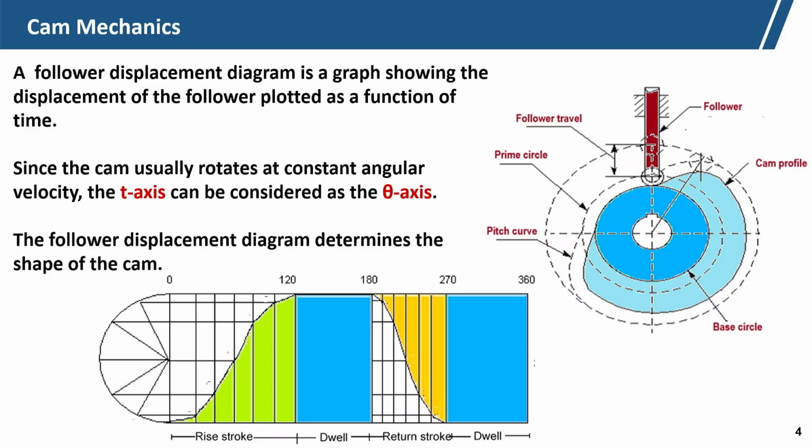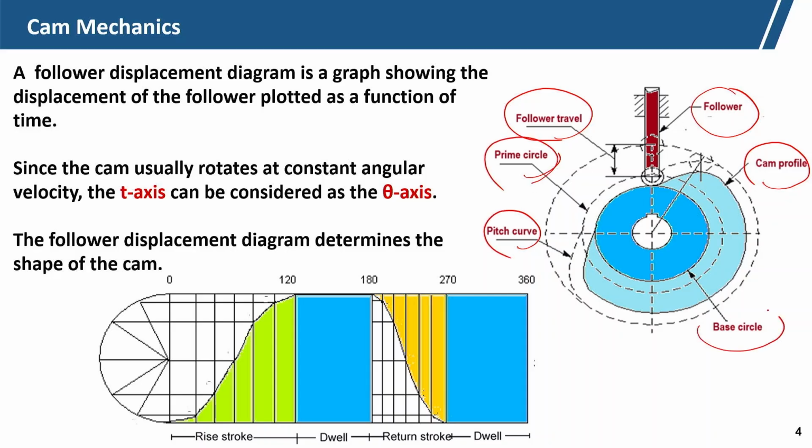We have discussed the term follower, and this one is the cam profile, and the follower travel we will discuss. Then pitch circle or pitch curve, this is a pitch curve, prime circle and base circle. These are the basic terms. Let us try to understand the meaning of these terms.